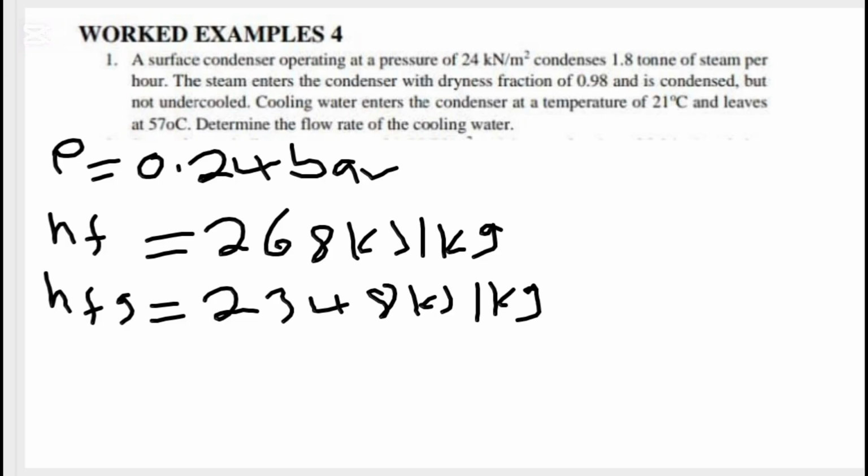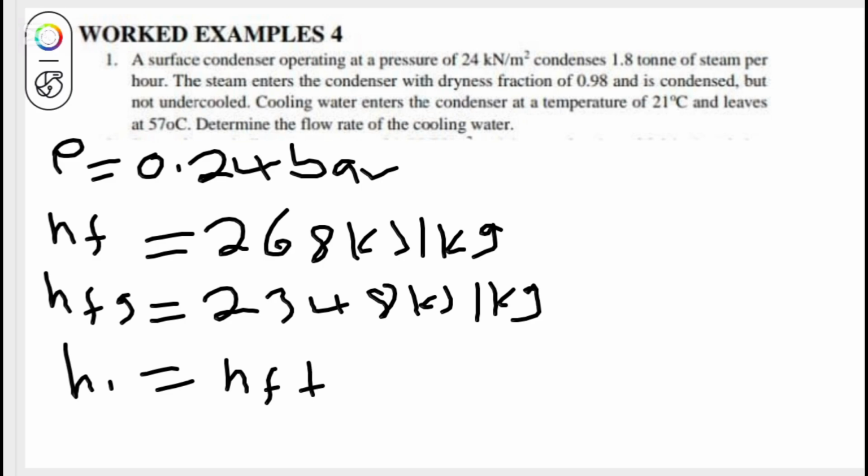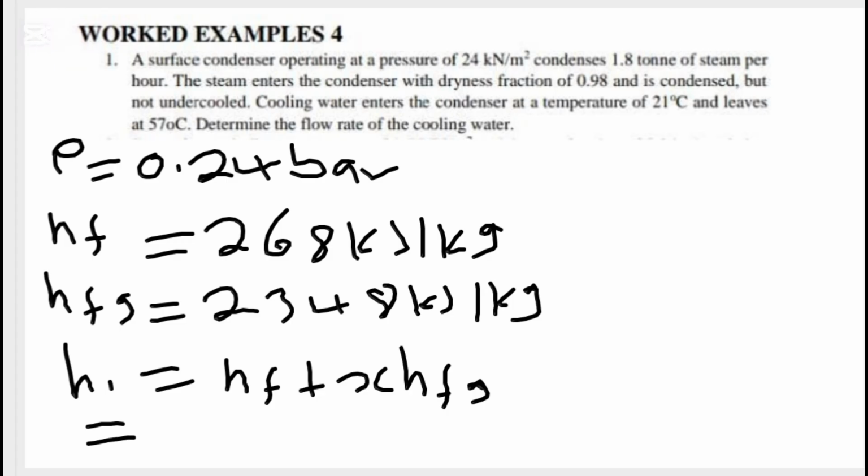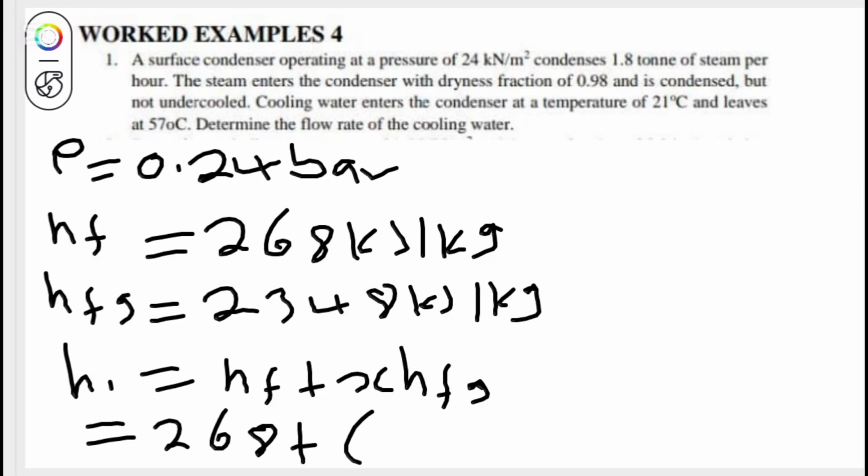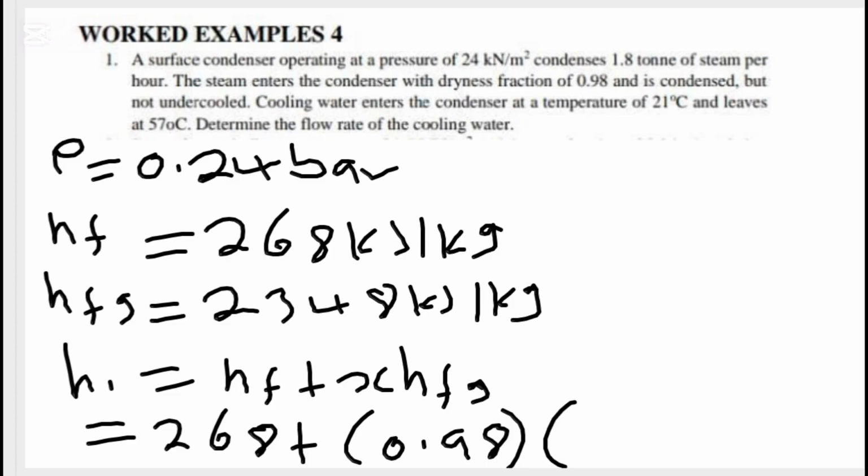From now on, let me call this h1. It is equal to hf plus x hfg. So this will be equal to my hf, which is 268, plus my dryness fraction, which is 0.98, multiplied by hfg, which is 2348. So what will be the h1?